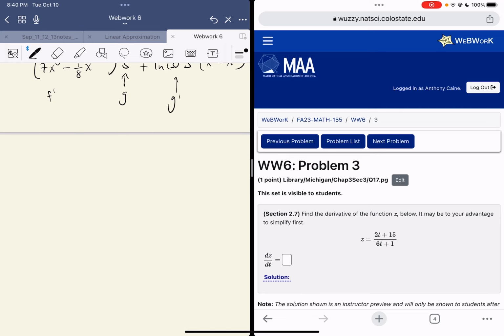We got our first exposure to the quotient rule. So we have 2t plus 15 divided by 6t plus 1, and we want to take the derivative of this. So this is in the form f divided by g, which I didn't really talk about much. You can figure it out by computing the derivative of f times 1 over g.